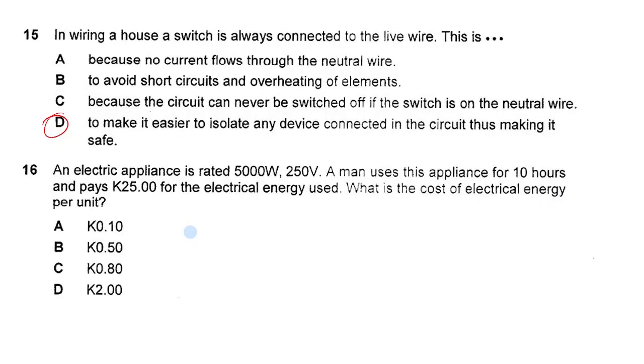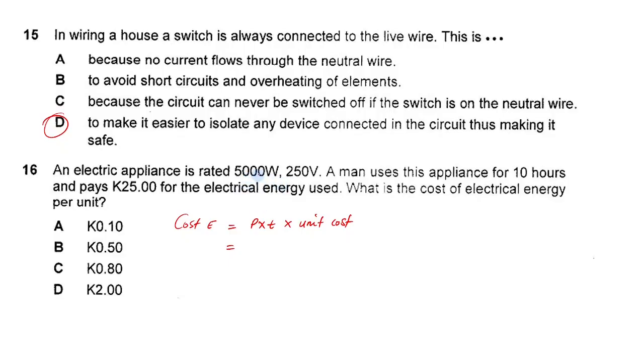So in these questions, we already know that the cost of electricity is going to be equal to power used times time times unit cost. That's what I told you. Power should be in kilowatts, as I told you.